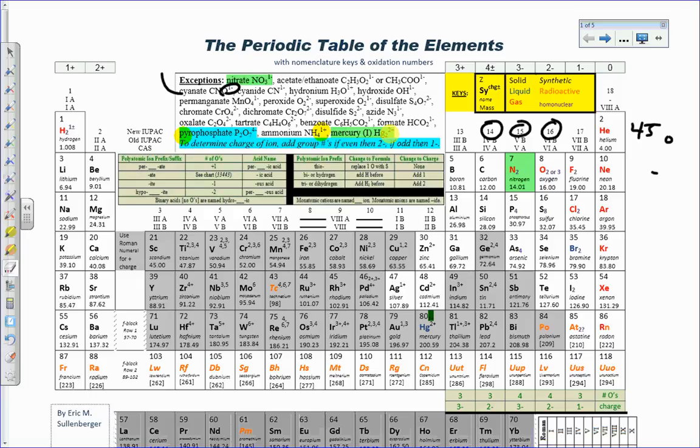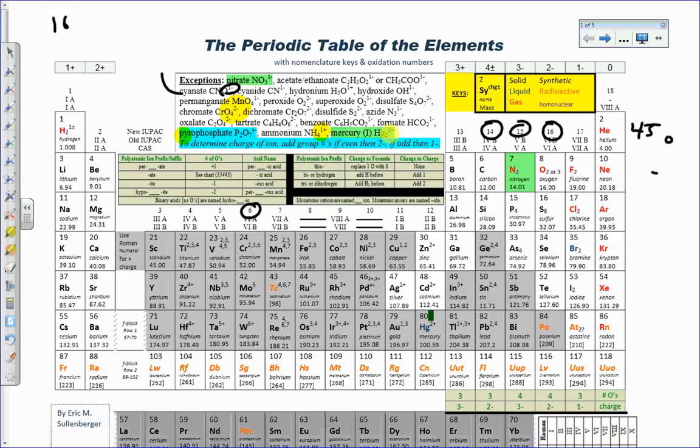Cyanide, right next to it, we take away the oxygen, and you should be able to see that that's still an odd number, and so then its charge is also going to be 1 minus. If we instead find maybe one of the evenly charged ones, here we go, chromate. We can figure out its charge: chromium is in group 6, and there are 4 oxygens in group 16.